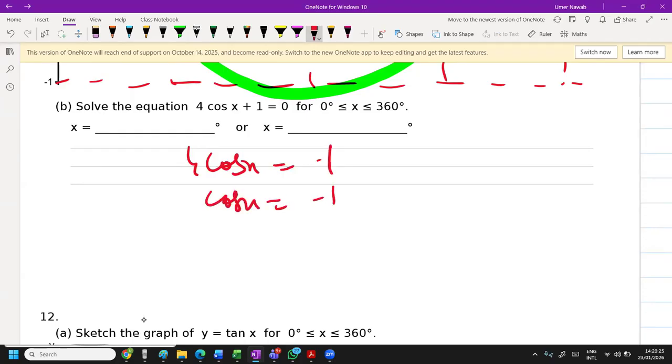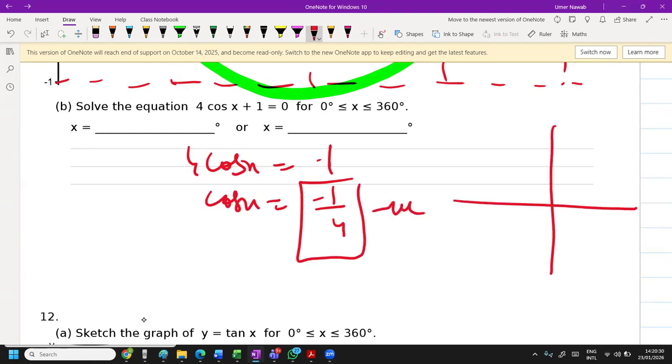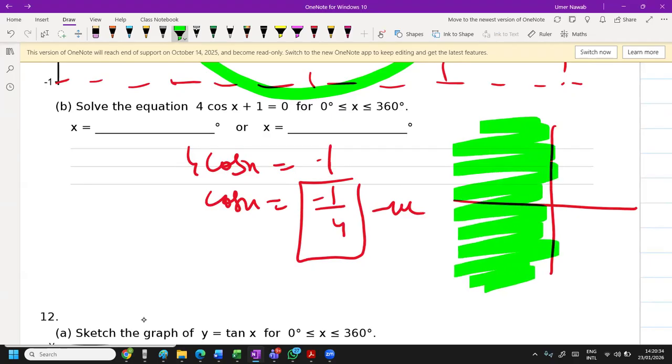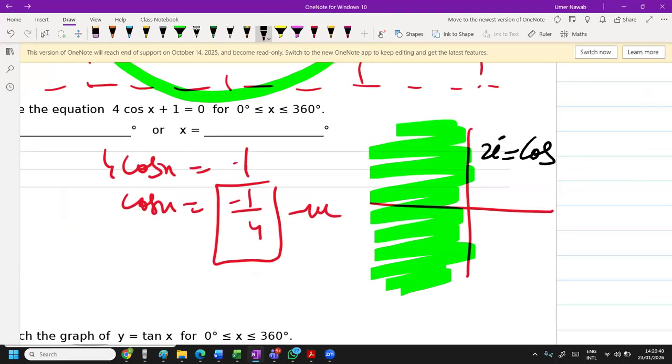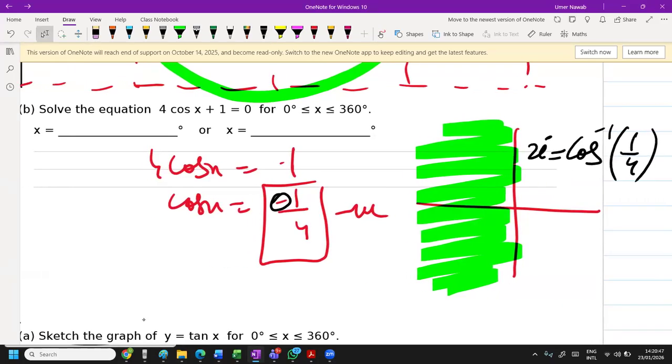Cosine of x is equal to negative 1 over 4. Negative. The sign is negative in this quadrant. But I need to get my reference angle. For reference angle, ignore the negative sign. Just write negative. Don't write negative for the calculator. So this is shift cosine of 1 over 4.